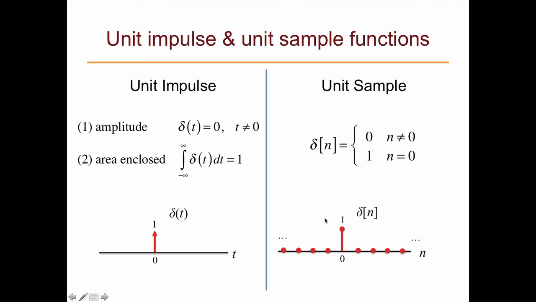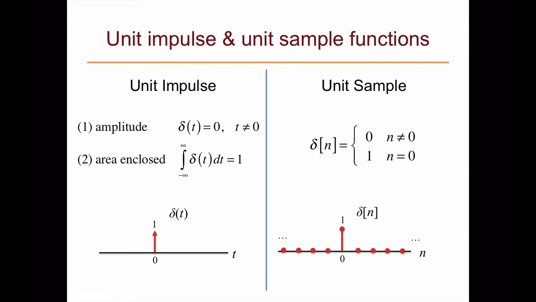The situation is a little bit different in the continuous time domain. You can imagine the unit impulse in the continuous time domain like when you kick a ball or hit something. Then the force applied to that object will gradually increase to the peak and then decrease.